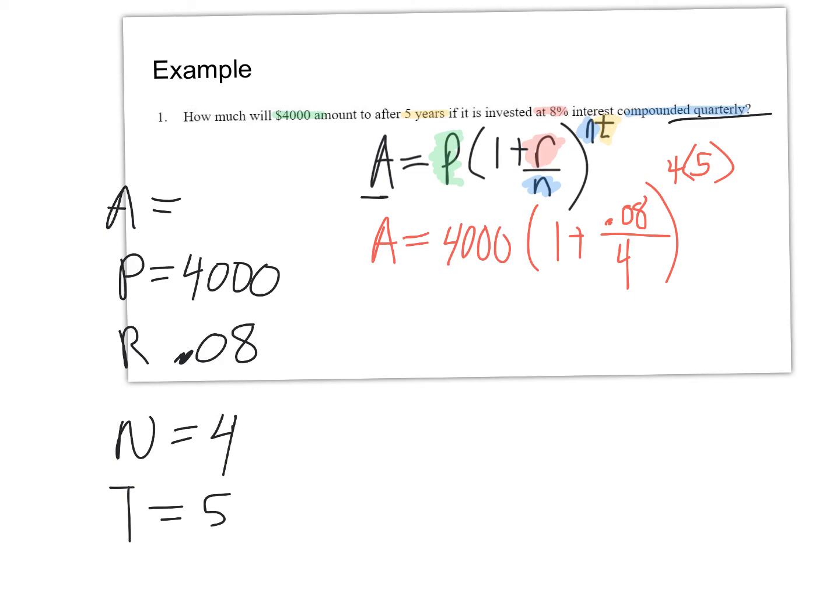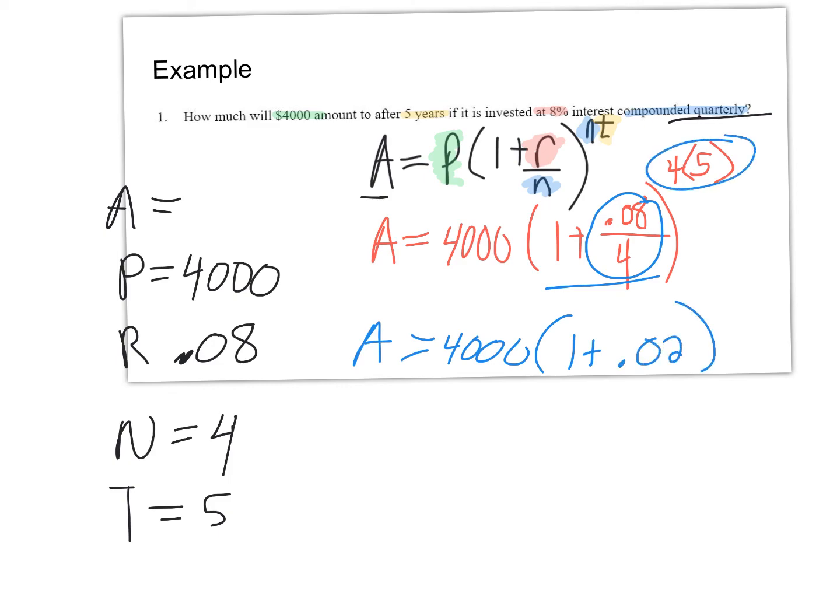Okay, so now at this point, we're going to start working on the math. We always start in the parenthesis, and I'm going to start right here with this division. So A equals 4,000 times 1 plus, now 0.08 divided by 4 is 0.02. And I'm going to do the multiplication at the same time because I can. That's pretty easy. It's going to be 20.